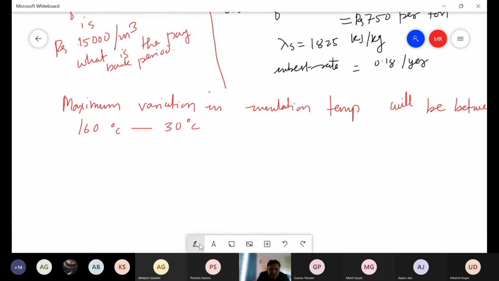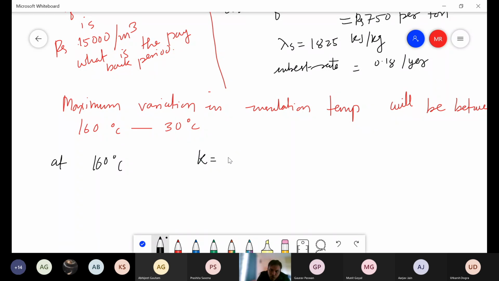So now with this, let's calculate the value of thermal conductivity. At 160 degrees Celsius, K will be given by 0.9 plus 3 into 10 raised to power minus 4 into 160. So this comes around 0.948 watt per meter degree Celsius.